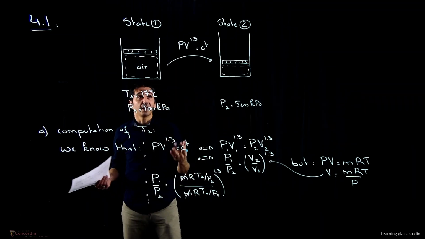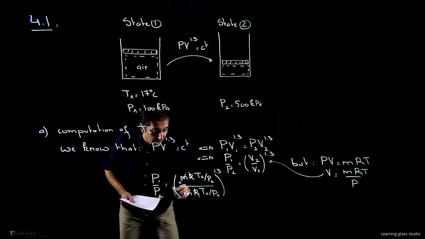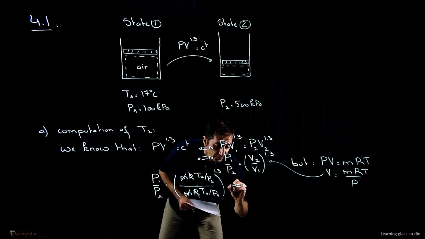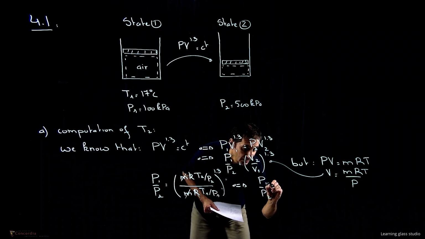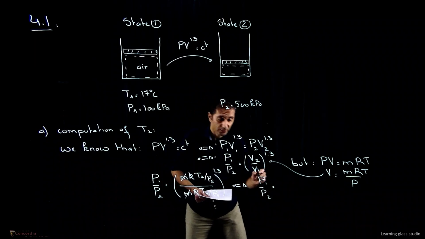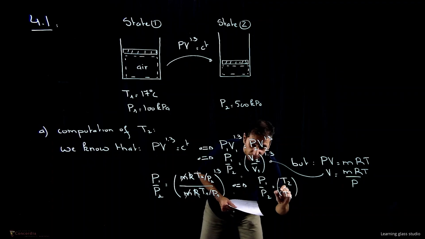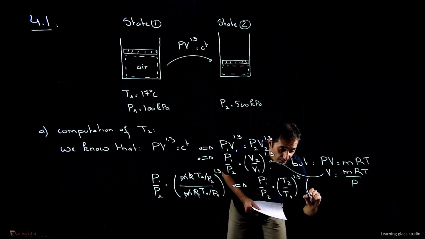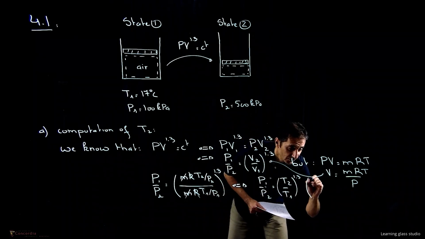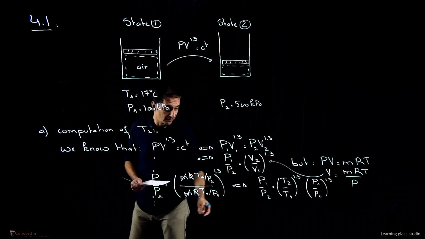And it's the same gas, we still have air, so this one will disappear. So this is equivalent to P1 over P2 now is equal to (T2 over T1) exponent 1.3 cross (P1 over P2), so here they're reversed, all over 1.3. So now we can calculate from here T2.